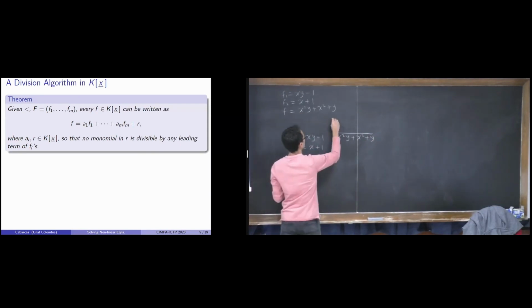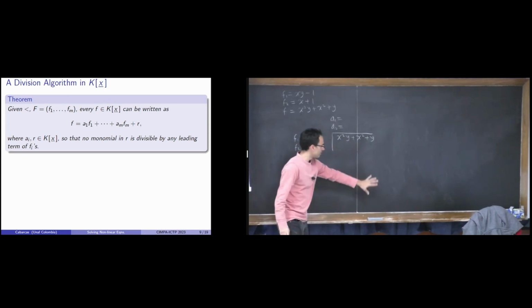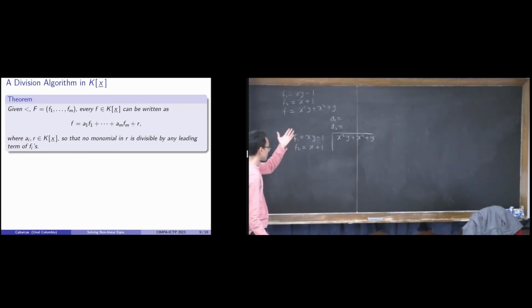I'm going to be looking for a1 and a2, and I'm going to be subtracting here. So it's just like a division, except we're dividing by two polynomials instead of one. The difference is that we're going to get two quotients and one remainder.